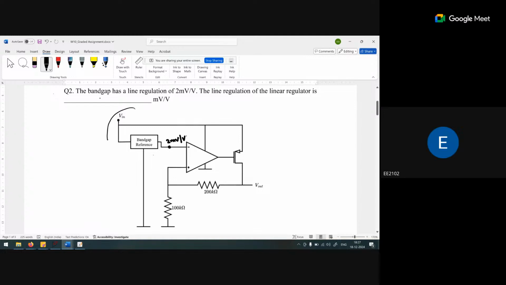Now this complete circuit is called the linear regulator. This is the diagram of a linear regulator. So what is the line regulation of this linear regulator? That means what is the output voltage at this point?